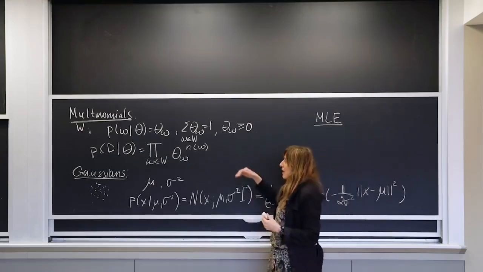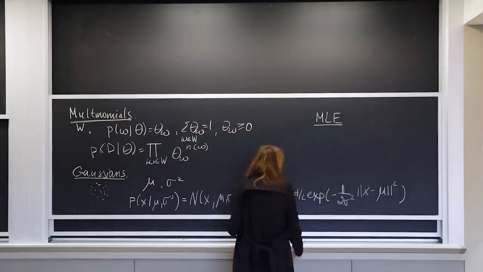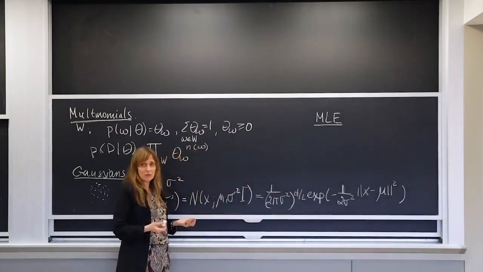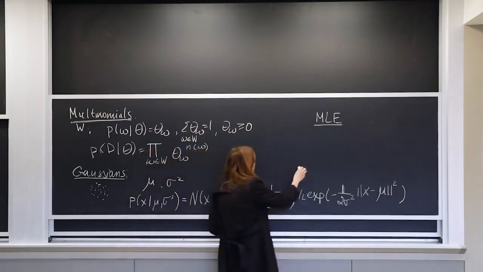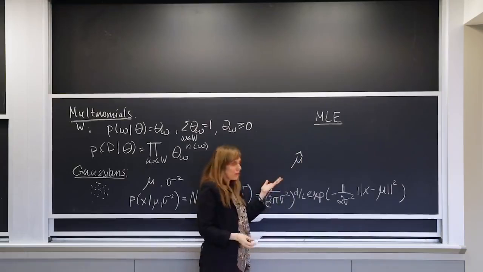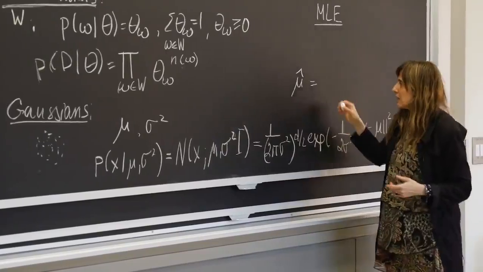We did the same both for multinomials and for Gaussians. And not surprisingly, what we got is very consistent with our intuition. For instance, in the case of Gaussians, we demonstrated that the estimated mu for our Gaussian will be just the mean of all the points.